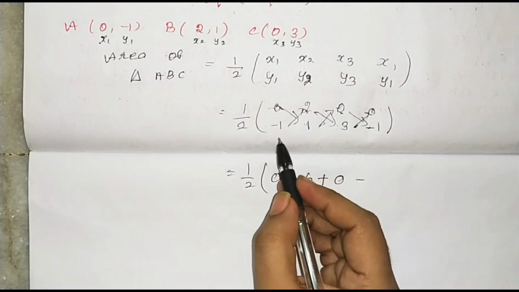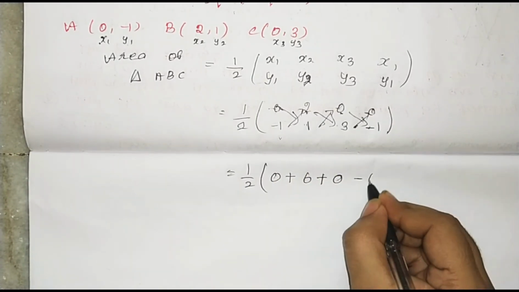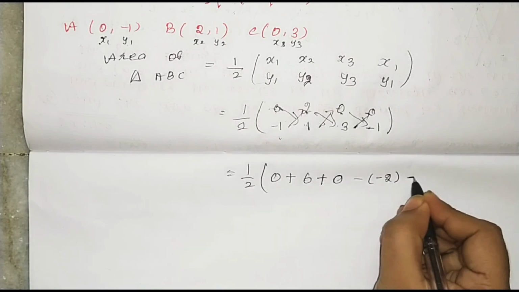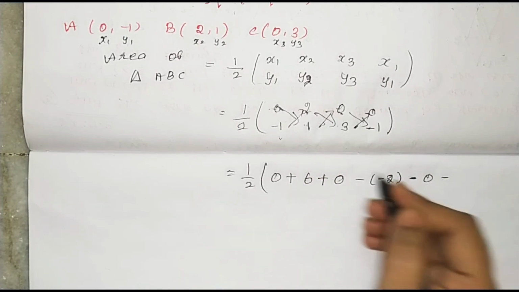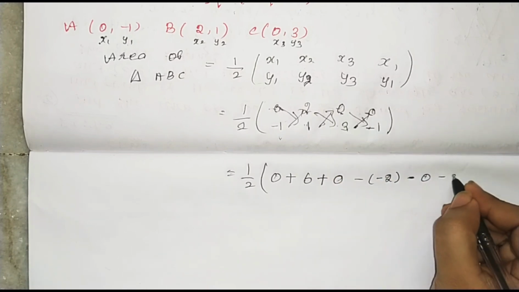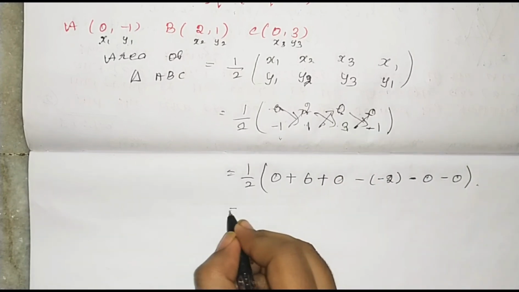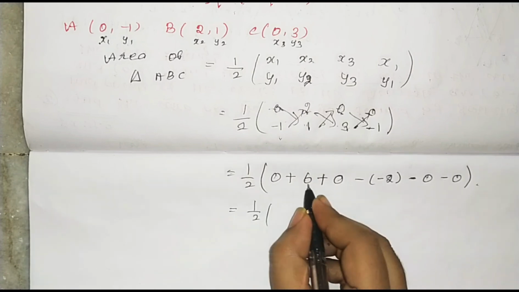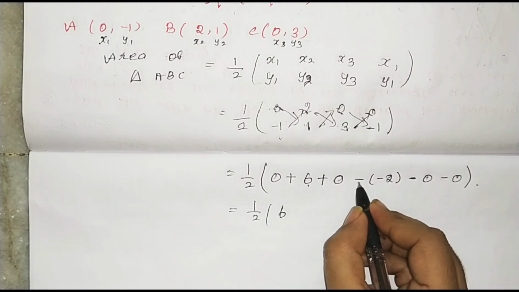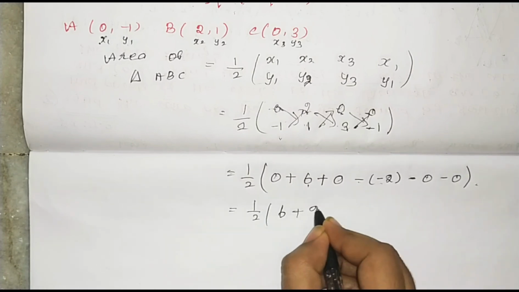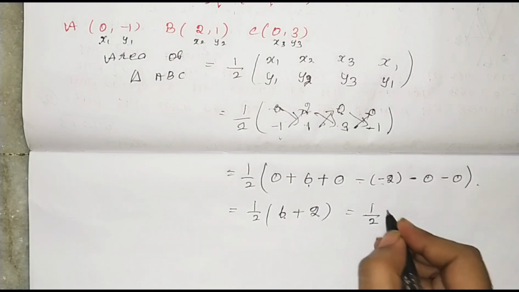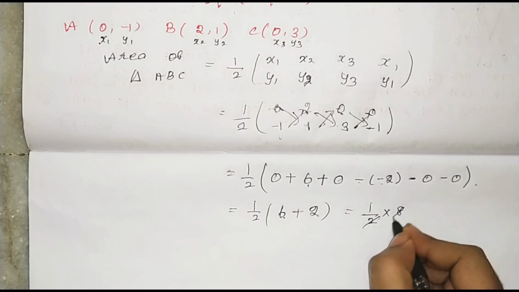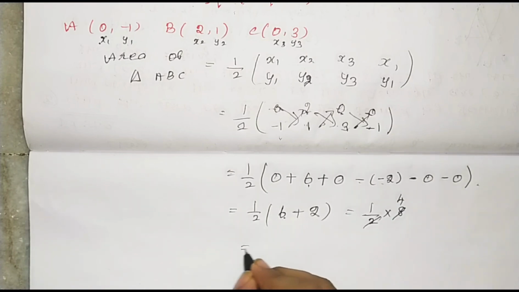Minus 1 into 2, minus 2, again minus sign, 1 zeros are 0, again minus sign, 3 zeros are 0. So 1 divided by 2, here the number is 6, minus into minus plus 2. So 1 divided by 2, 6 plus 2, 8. If you cancel, you will get 4. So the answer is 4 square units.